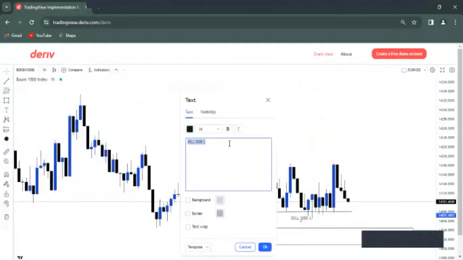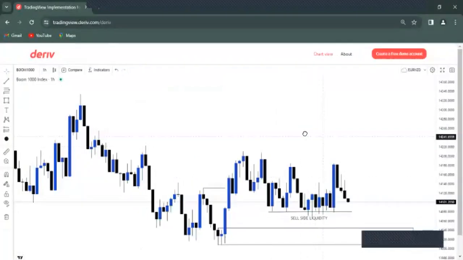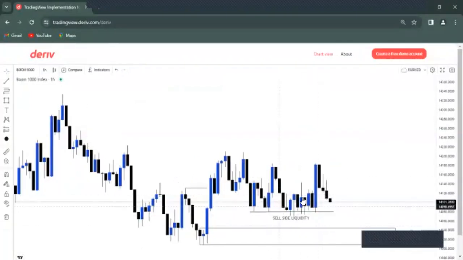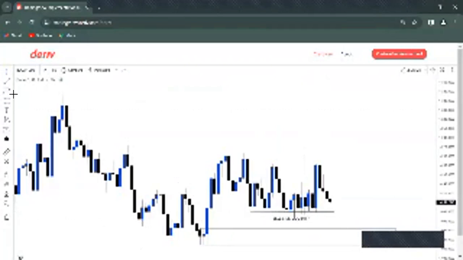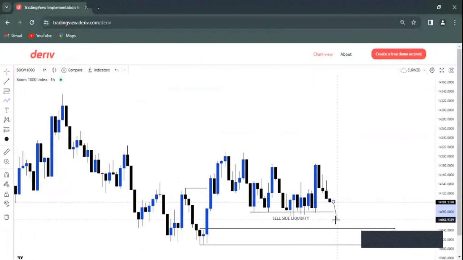We expect price to sweep all the liquidity that is resting here on the sell side. Here we sweep a nice bar. We expect the market to mitigate our demand zone and then go up.